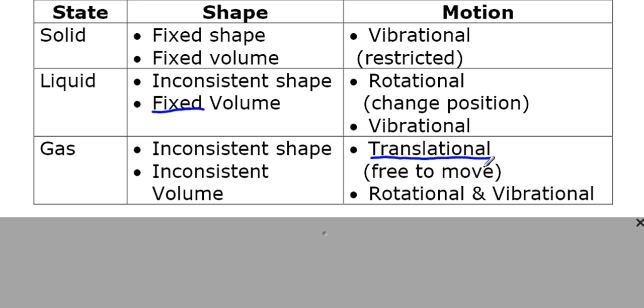They've got lots of energy, they will keep moving and expanding to fill whatever container they're in. A good way of thinking of this is something that's been turned into a gas, like an aerosol spray, air freshener, even some perfumes or deodorants. If you spray it in one part of the room, that gas will keep spreading and spreading until it fills up the entire room.